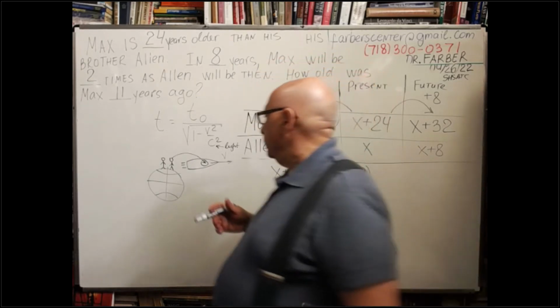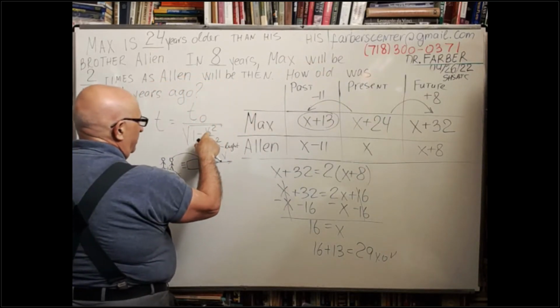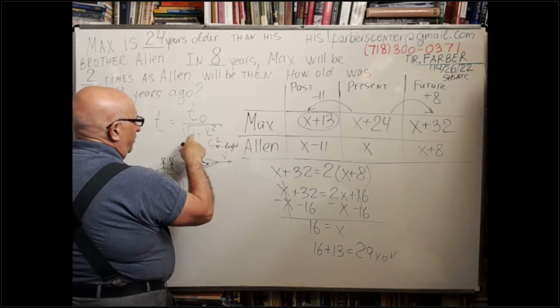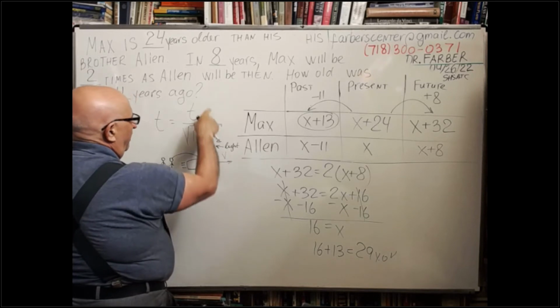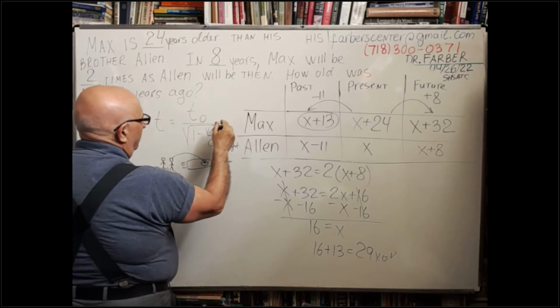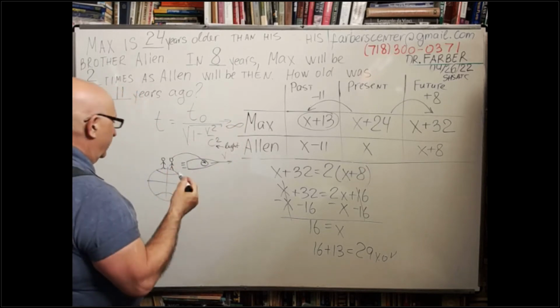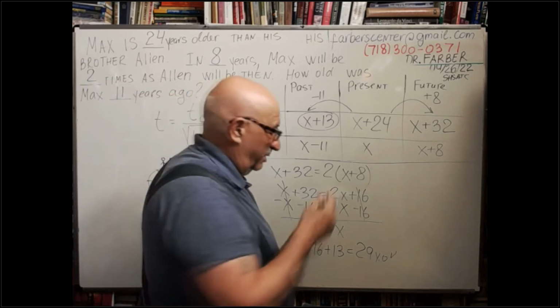You see what happens? If this is the same, the same divided by the same would be 1. 1 minus 1 is 0. When you divide anything by 0, time goes to infinity. We name it the twins paradox in relativity theory.